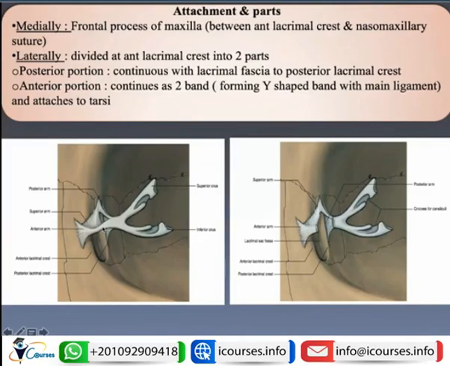The medial palpebral ligament will be divided at the anterior lacrimal crest into two parts. One part is reflected here to be continuous with the lacrimal fascia and the posterior lacrimal crest. So this is the posterior reflection of the medial palpebral ligament, and the anterior part will continue as a Y-shaped band that will be attached to the tarsi.